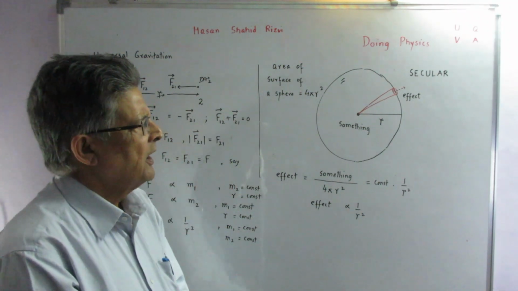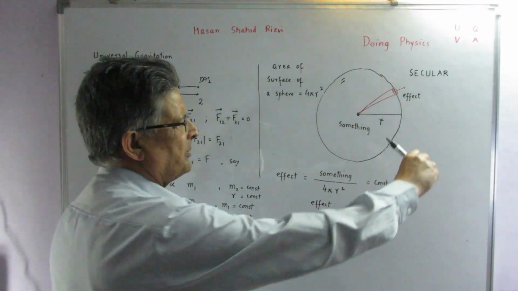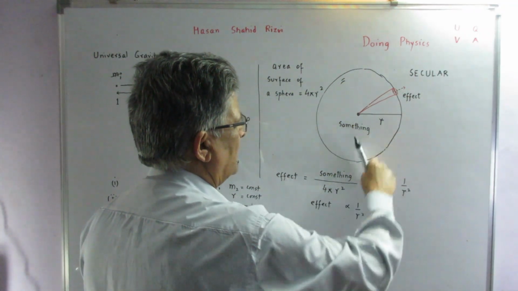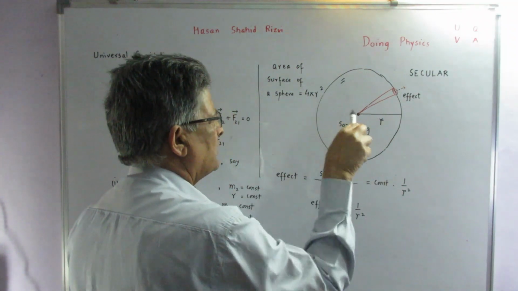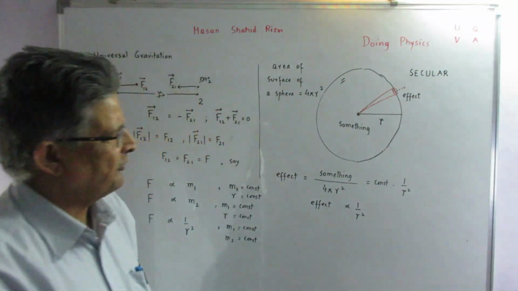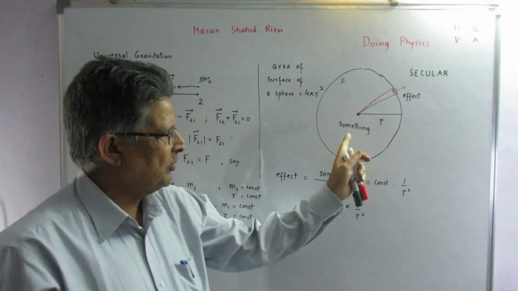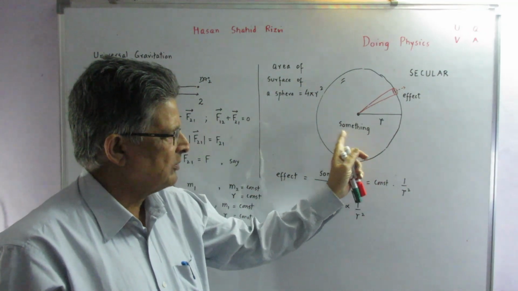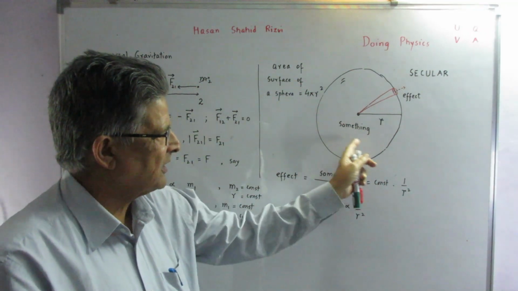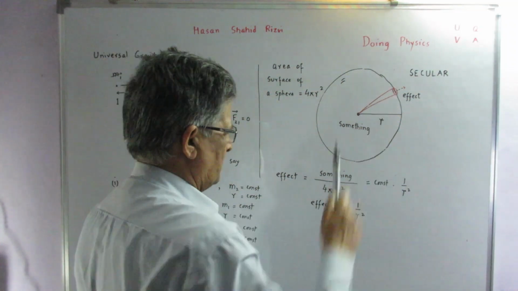Also, if there are things coming and concentrating over here from all sides, with equal preference, then whatever culminates over here, that something I am calling the effect, will be proportional to the effect which is there.